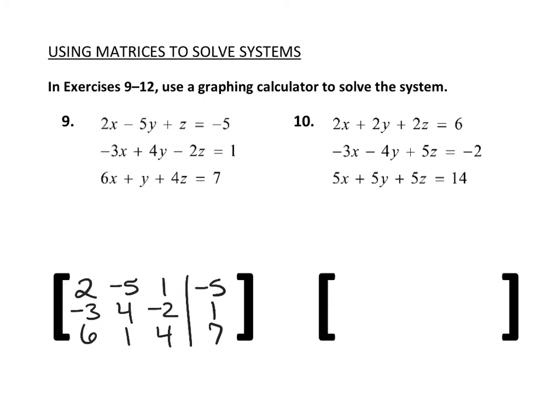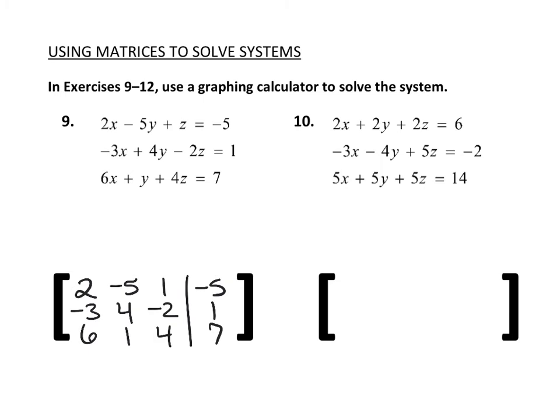The next number is -5. And then 1. I'm getting these numbers right off my paper. And then -5. The next row would be -3, 4, -2, and 1. And then I have 6, 1, 4, and 7.